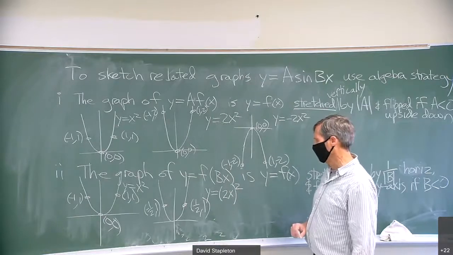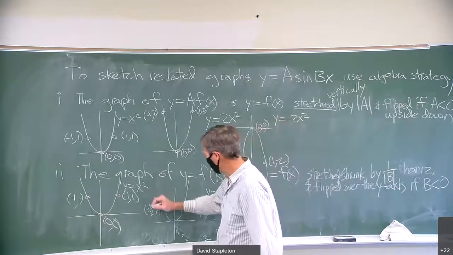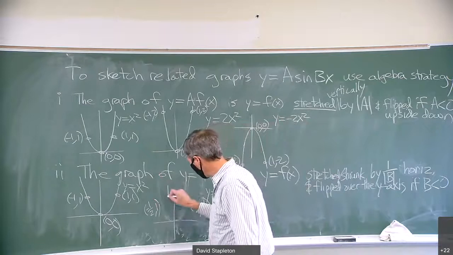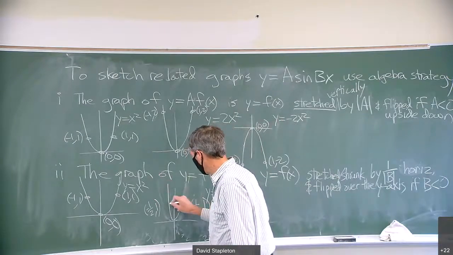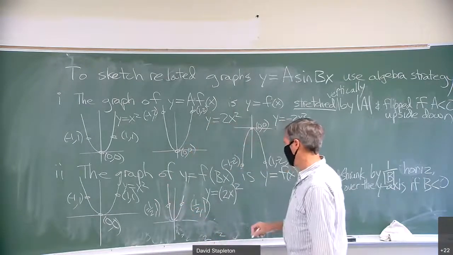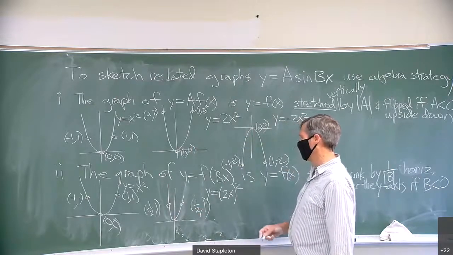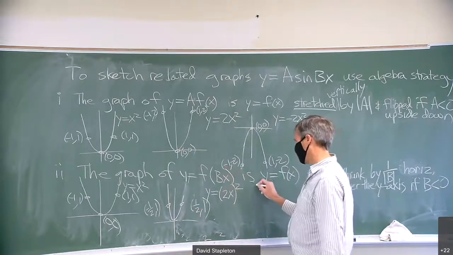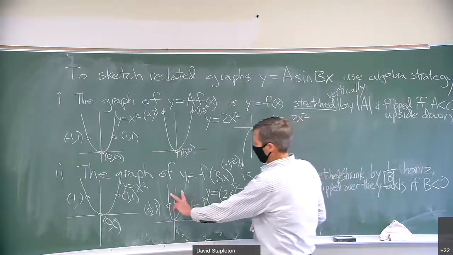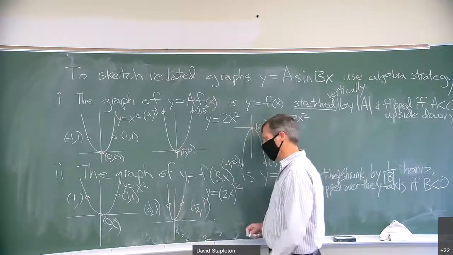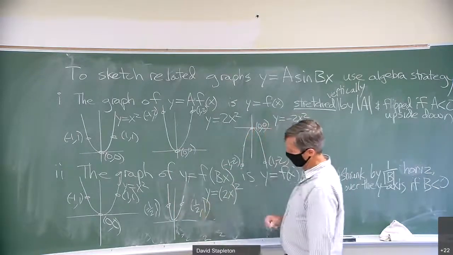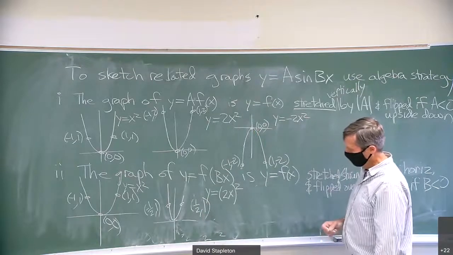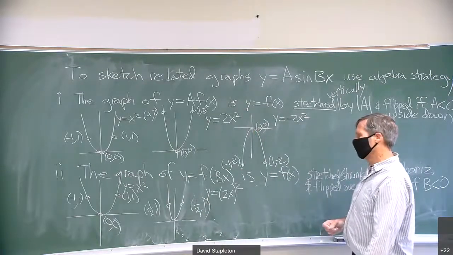So here's a graph of y equals (2x) squared. I should make it look like that. And if I also put in a minus, then it flips it over the y-axis. In this case, it'll flip onto itself because it happens to be symmetric there.